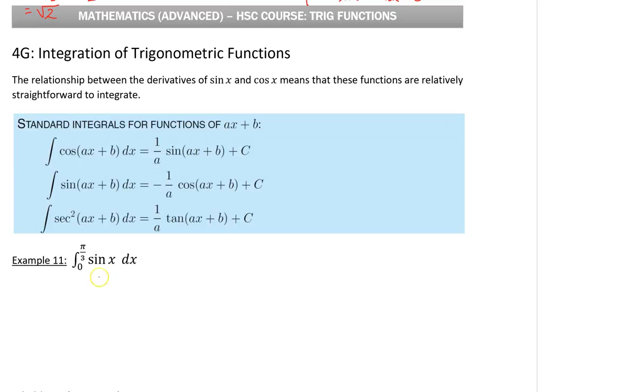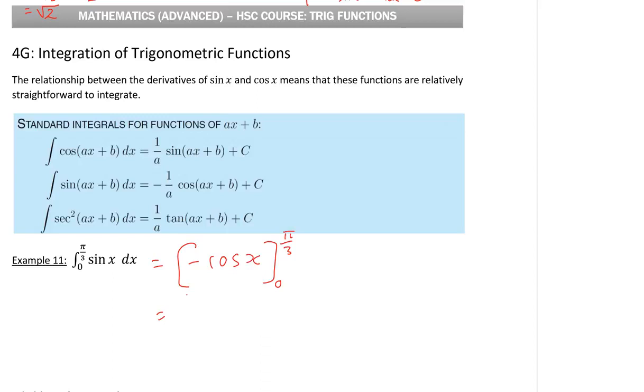So, first of all, I want a definite integral from 0 to pi on 3 of sine x. The integral of sine x is negative cos, so it's negative cos x from 0 to pi on 3.